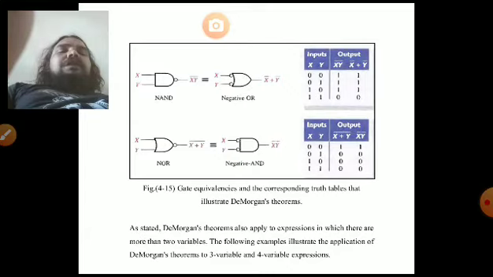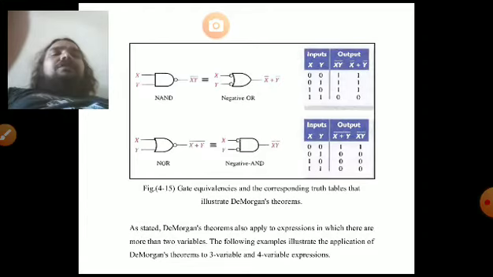Third condition, x equal to 1, y equal to 0, the negative OR gate output is 1. And the last condition, x equal to 1, y equal to 1, the negative OR gate output, x bar plus y bar, is equal to 0.